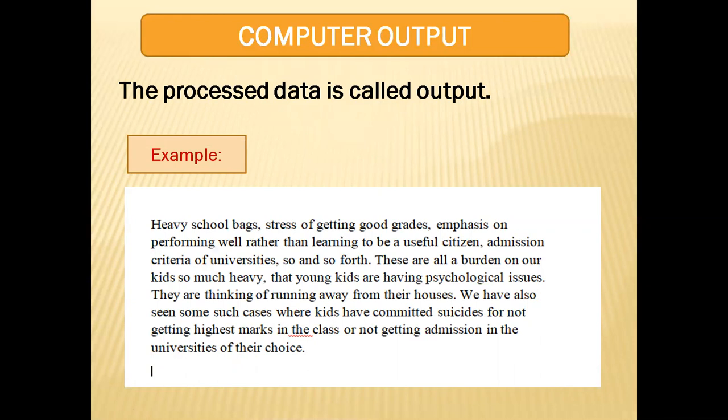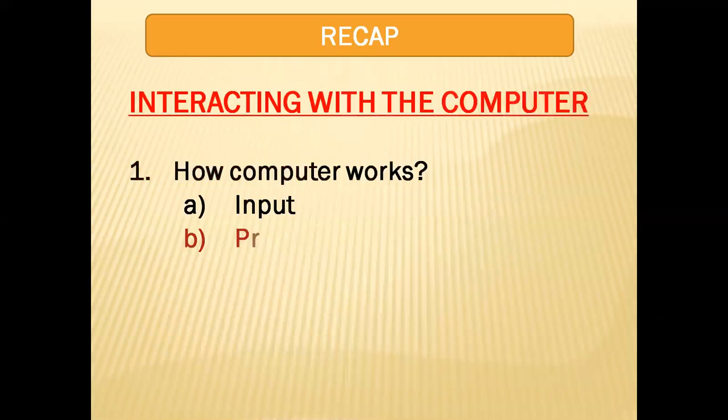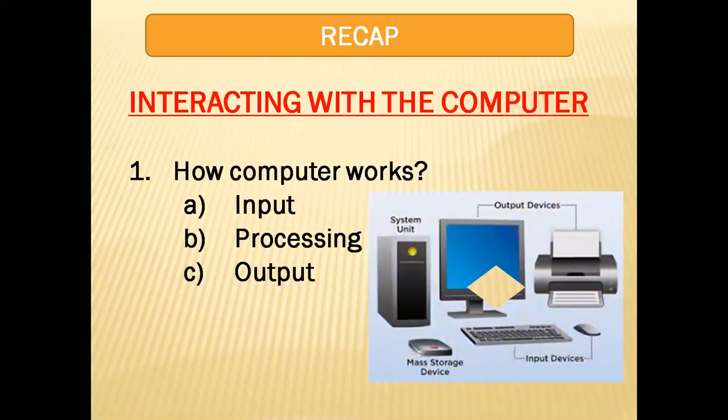The work the computer does on it is called the processing, and the final result after processing of data is our output. So guys, today in interacting with the computers, we talked about how a computer works, how input is given, how it processes it, and how it gives us the output.